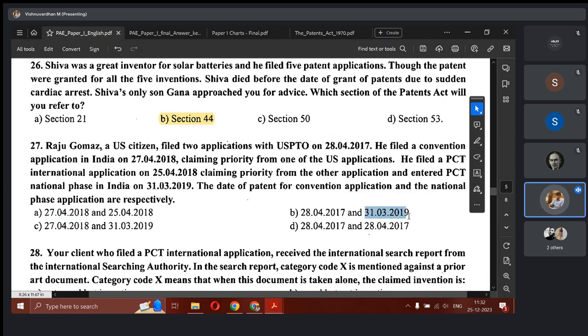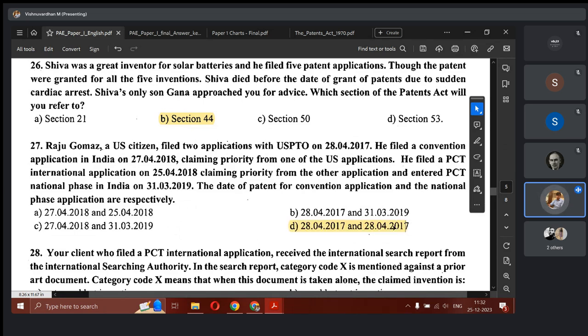And 31/3/2019, this is not true because the PCT national phase also takes the initial priority date, the earliest filing date. B is also wrong, A is also wrong. 27/4/2018 is wrong because the convention draws from the earlier priority. C is wrong. Then 28/4/2017 is correct, and 28/4/2017 is also correct. So both have the same priority date.